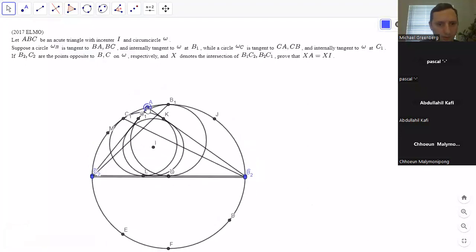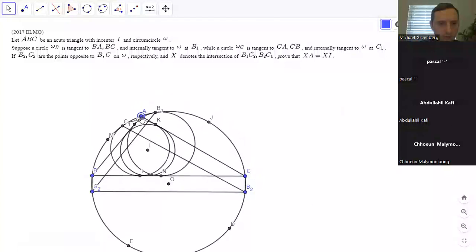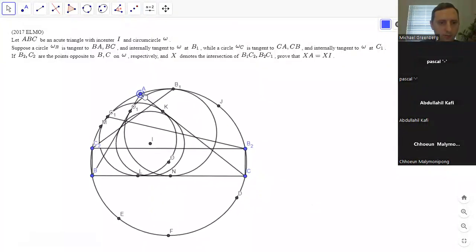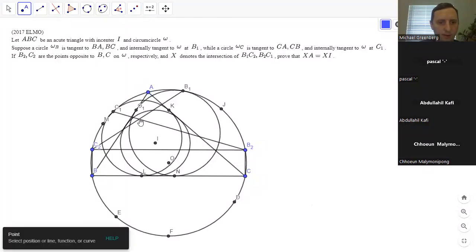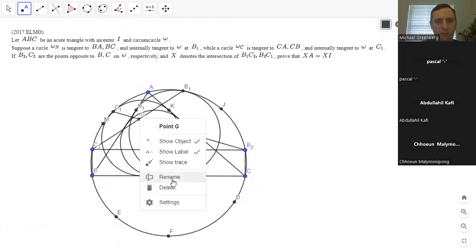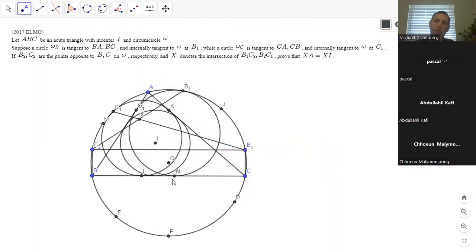And that should be X. It's a hard figure to draw, kind of, but I think that's good. So this is X, and we want to show XA equals XI. One sec, I'll be right back.